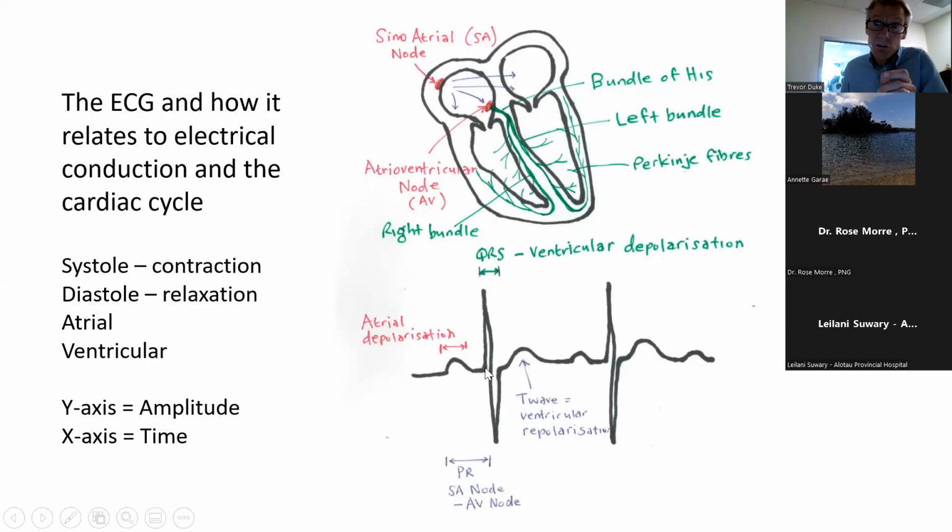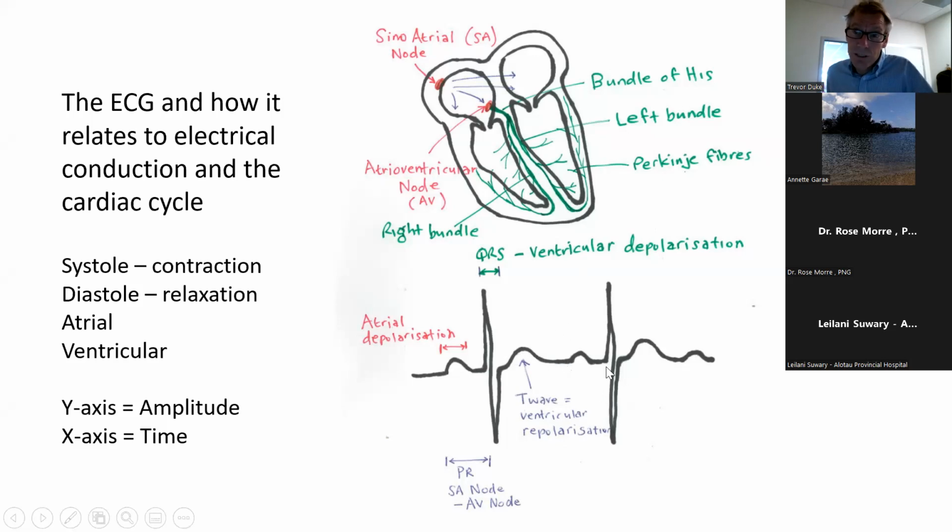All right, and that's usually very quick, and it's only prolonged if there's some ventricular hypertrophy, and so the electrical impulse takes a longer time to get around, or if there's a bundle branch block, then it takes a lot longer for the impulse to get around the ventricle. Right, and then the T wave is ventricular repolarization.